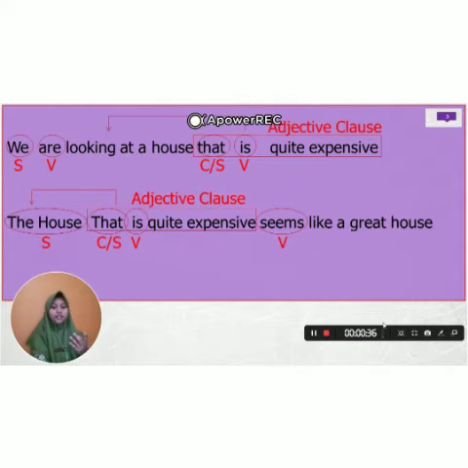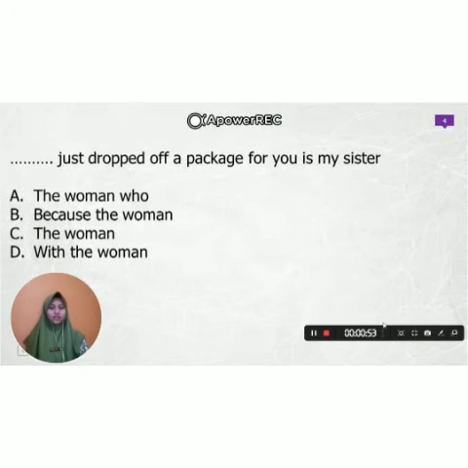Okay, we can see in this example the formula of this skill 10 could be first subject and then connector and subject and then verb and then verb.